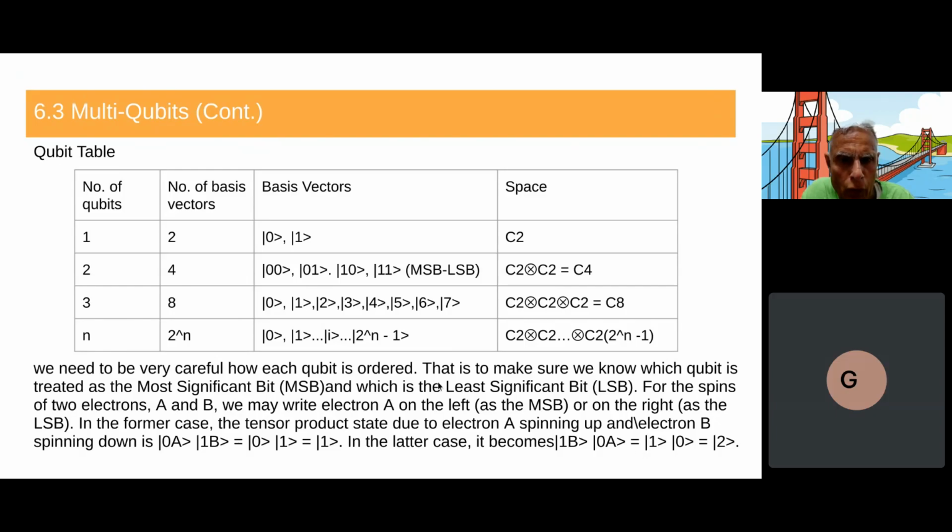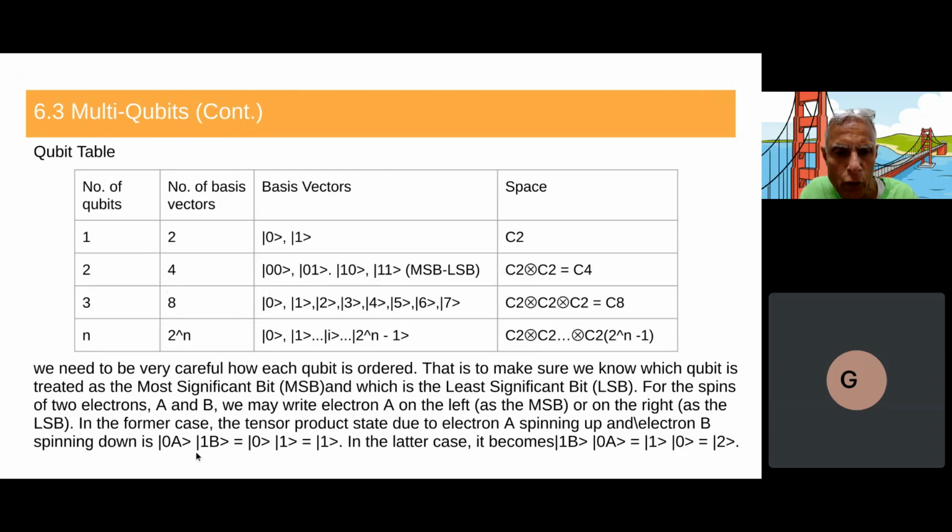So 1 0, this is right. For 0 1 2, this 1 0 is representing 2 here, whereas 0 1 is representing 1. It's a matter of the spin of A and spin of B being brought together as 0 1 and presented as 1 here.